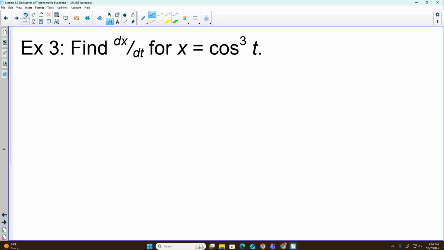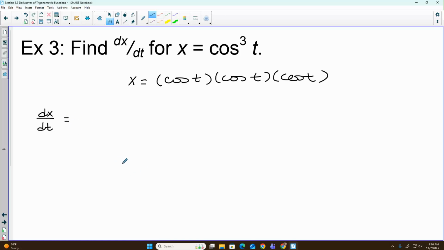This is a little bit different. We have a cosine cubed. A cube just means you have 3 of them. So to do this derivative, dx/dt tells me we're doing the derivative of function x, t is my variable.